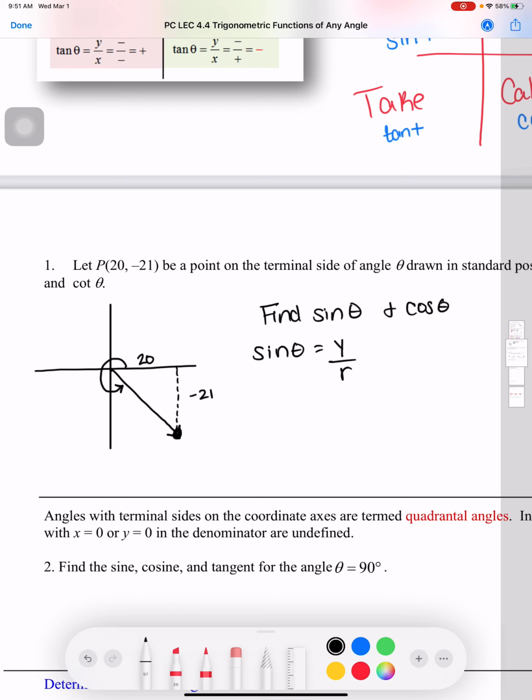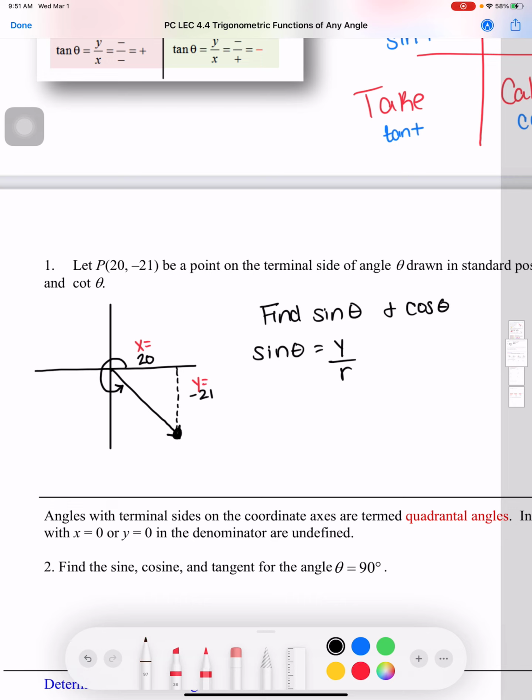Okay, so let's look at what we have. My x coordinate would be 20. My y coordinate, the length, would be negative 21. What I do not have is the length of the radius. But I can find that by using the Pythagorean theorem.